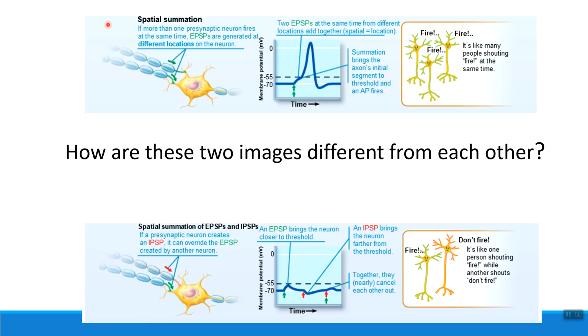Spatial summation, though, remember, doesn't have to just include those EPSPs. It doesn't have to just include the excitatory changes in membrane charge. We can actually do spatial summation with both IPSPs and EPSPs. I can add together both a message that makes my membrane charge go down and messages that make my membrane charge go up.